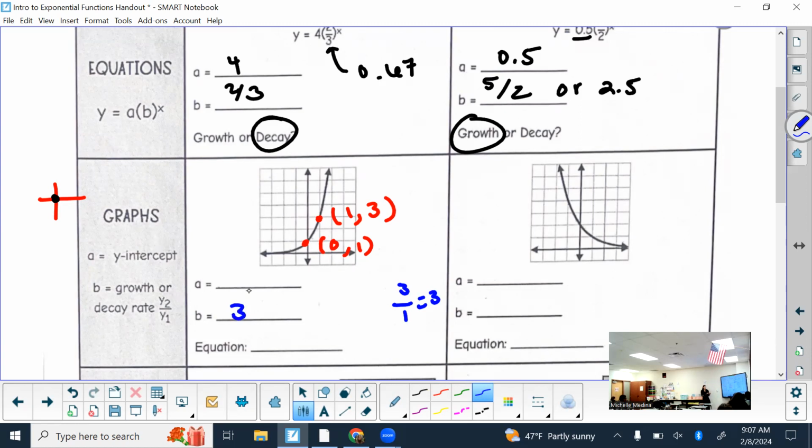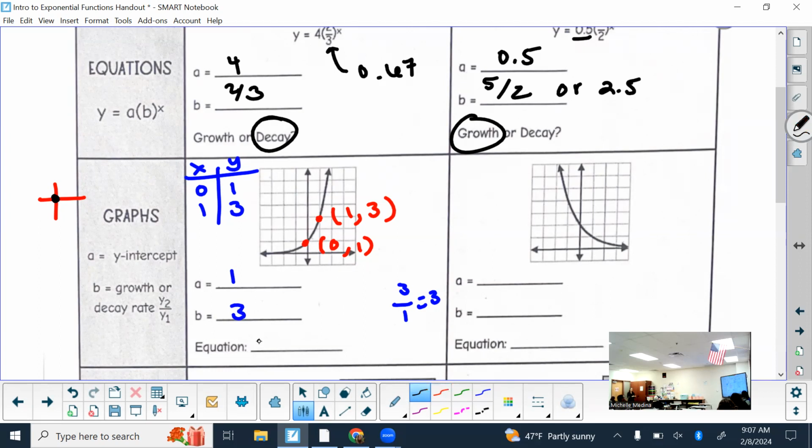My A or my y-intercept was 1. If it helps you to make it a table, you guys need to understand that a bit better. Remember, your common factor was what you had to do to go from one y value to the next, times by 3. Okay? Now to make the equation, follow the pattern, like y equals a times b to the x.